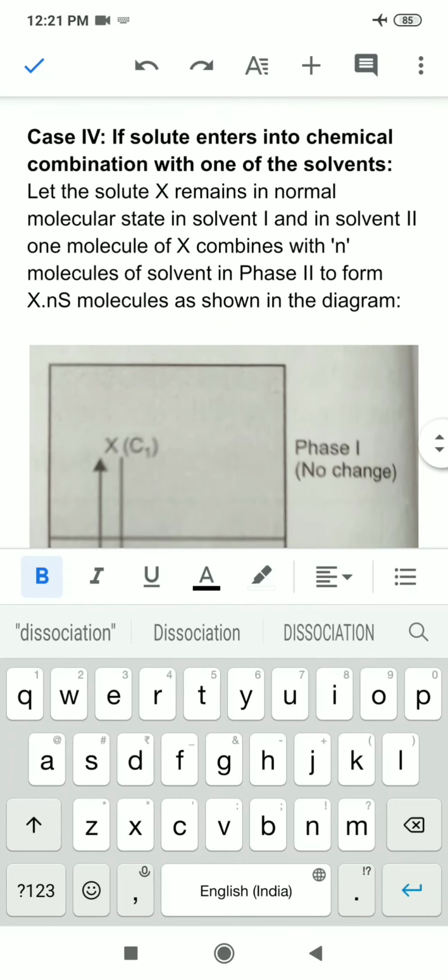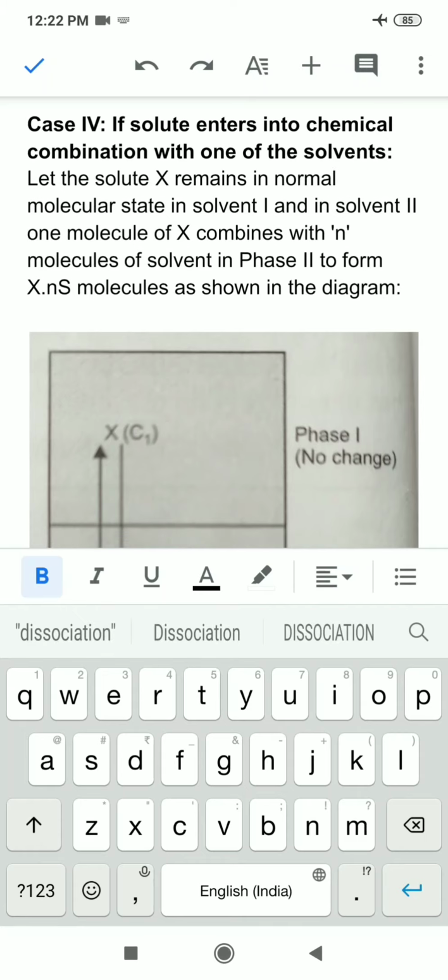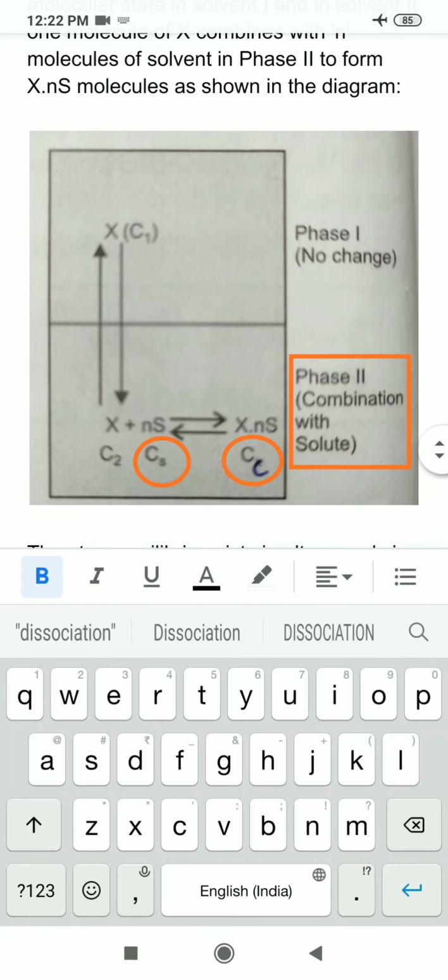So now coming back, we are having a solute X which remains in the normal molecular state in solvent 1, and in solvent 2 one molecule of X combines with n molecules of solvent in phase 2 to form XnS. Is it clear?